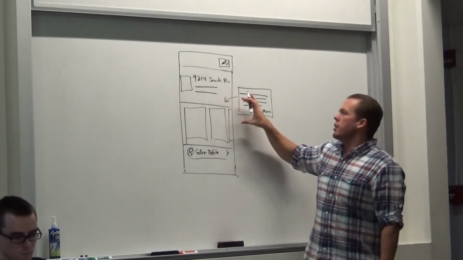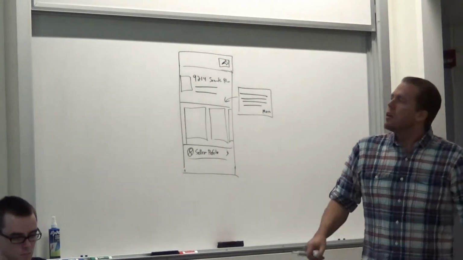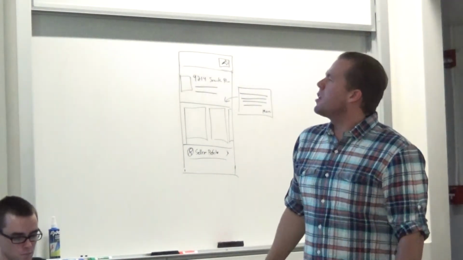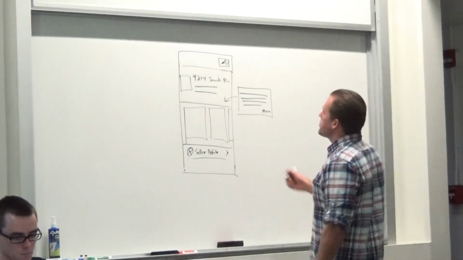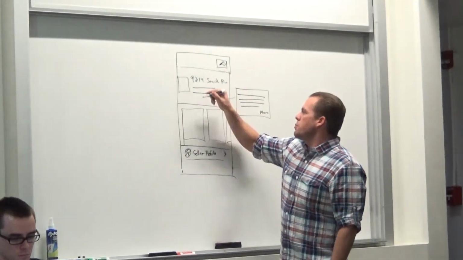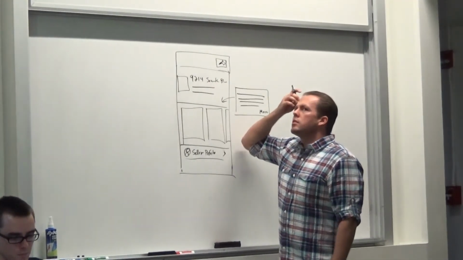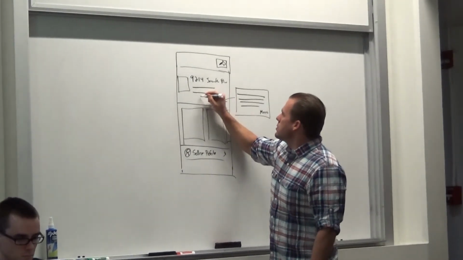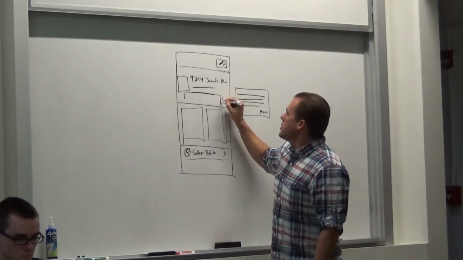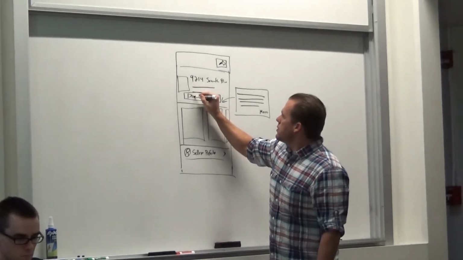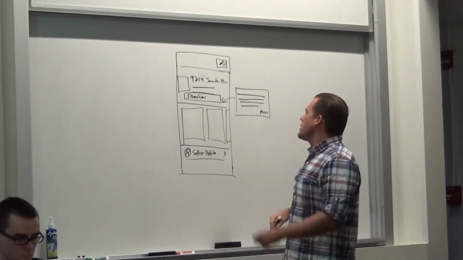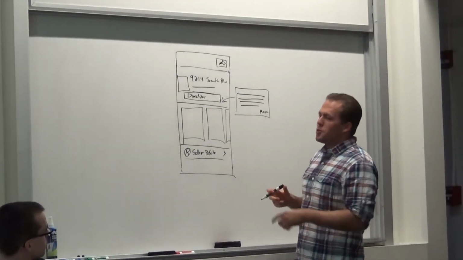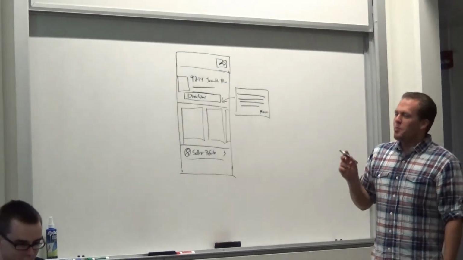So imagine there's a text block here, a text block there, and then directions. We need directions. So we'll probably have some button for directions, okay?